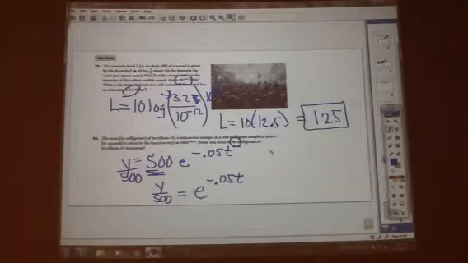So now we have negative 0.05 t equals natural log of y over 500. This would just be like saying log base e. You see what I'm saying? Log base e is ln, natural log.